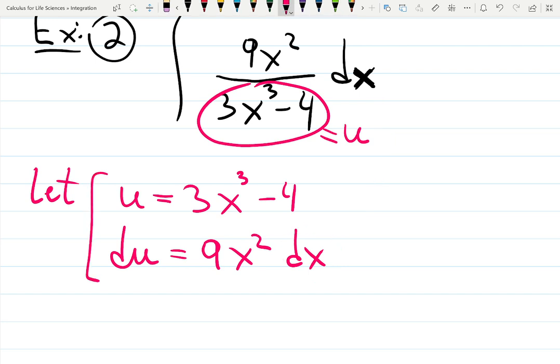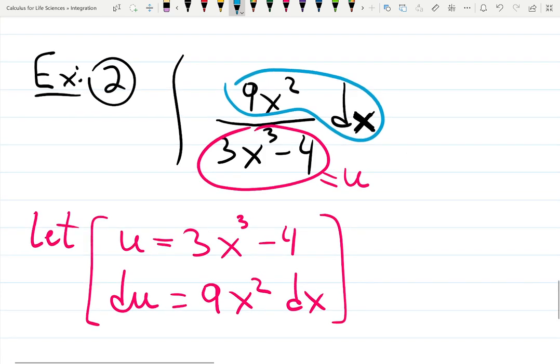I see it this way. In the integral, the denominator will be u. This is my du. I even would say like this. My du is 9x squared dx. But I have it literally over here. So why not call this du right away? And you don't have to solve for dx and plug it in.